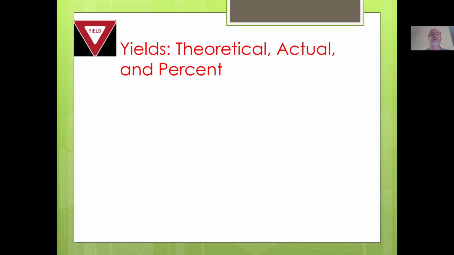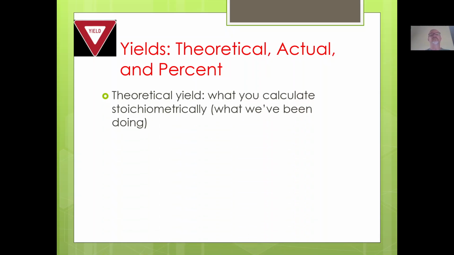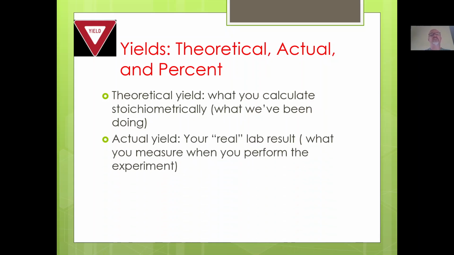So let's talk a little bit about the term yield. Yield is how much product I should get. Theoretical? Well, that's kind of what we've been doing all along. It's what the math says we should get. But if you do it in a lab, in an actual real-world setting, you may or may not get all you're supposed to.